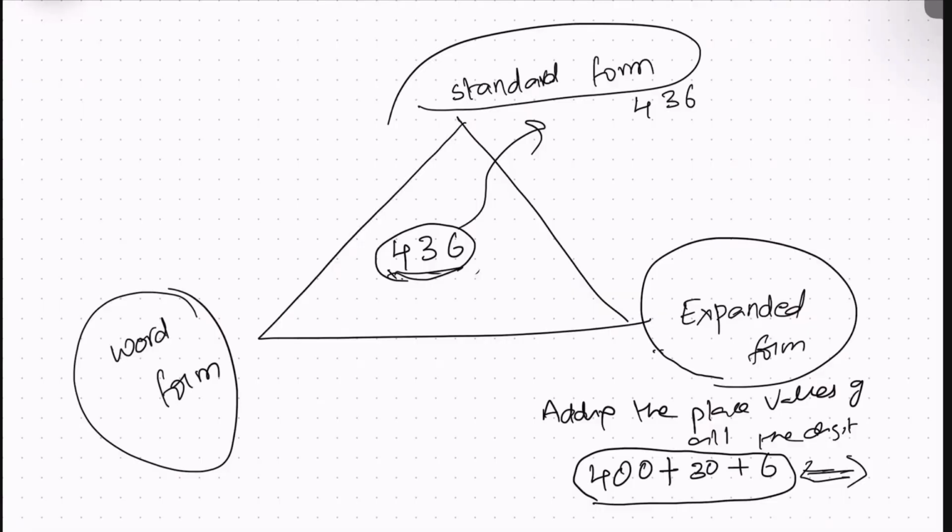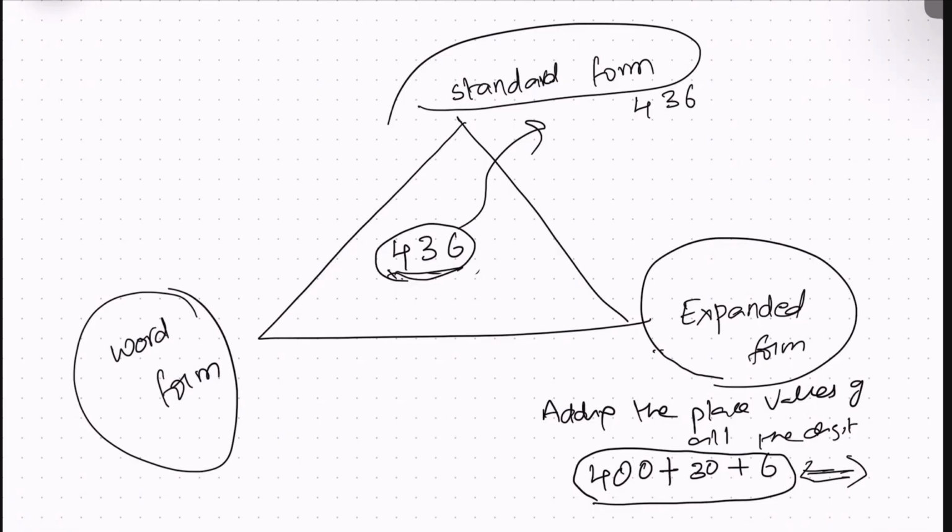The third one is the word form. In the word form, you write the whole number in words. When I'm reading 436, we have to write the same way, in real English words.